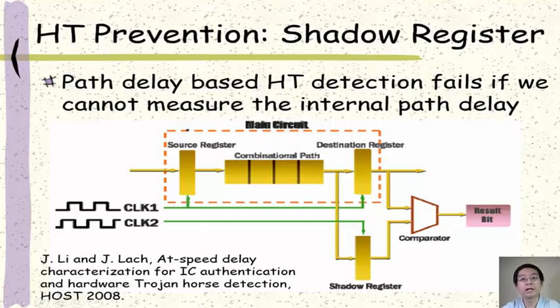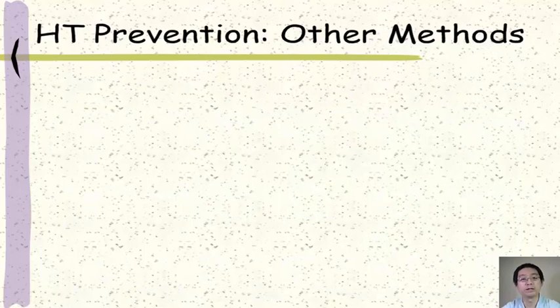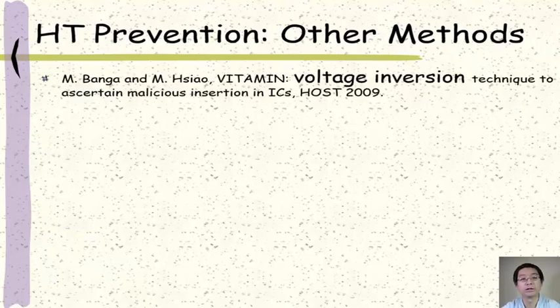There are many other approaches, and most of these are advanced research topics. To end this discussion about hardware Trojan prevention, or how to build trusted integrated circuits, we list several of these approaches. In 2009, Banga and Xiao proposed an approach called Vitamin, which is basically reversing logical gates, power supply, and ground.